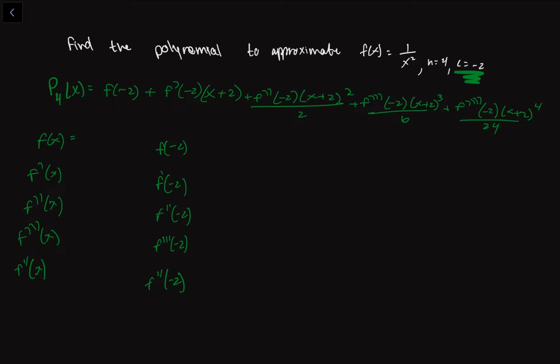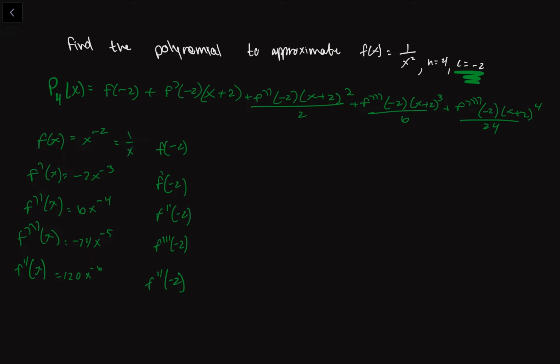So let's see, what was f of x? F of x is x to the negative 2, which means the derivative of that is negative 2x to the negative 3, and 6x to the negative 4, and negative 24x to the negative 5. Finally, 120x to the negative 6.